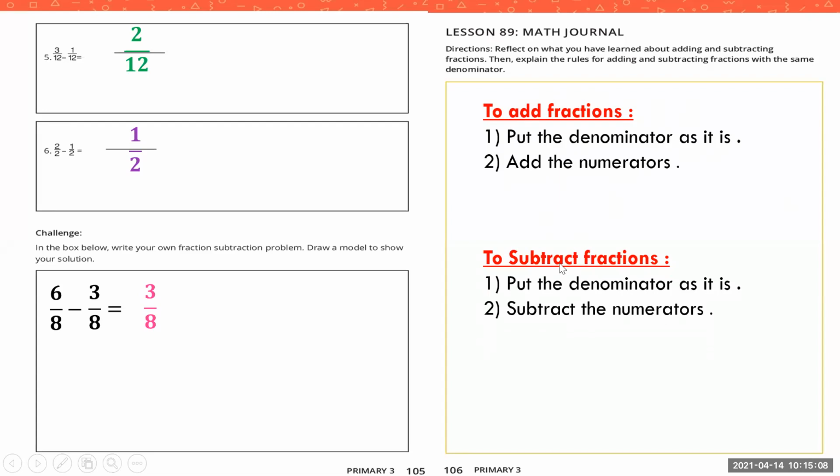And in subtraction, we put denominators as it is and subtract numerators, okay? You can copy it to your book, but not now. When I record the session and upload the recorded session for you, you can copy it to your book.